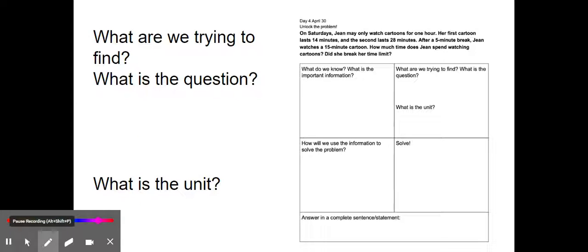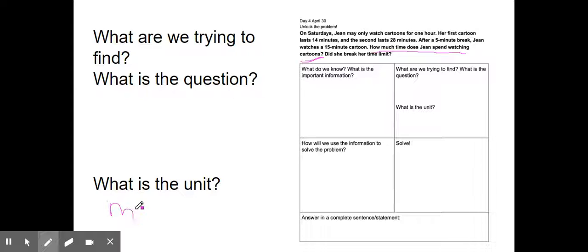The next box says, "What are we trying to find? What is the question?" I see here the question is, how much time does Jean spend watching cartoons? That's the question. I just underlined it in purple. The unit we talked a little bit about on the last slide. We had hours and minutes, but the cartoons are listed in minutes.